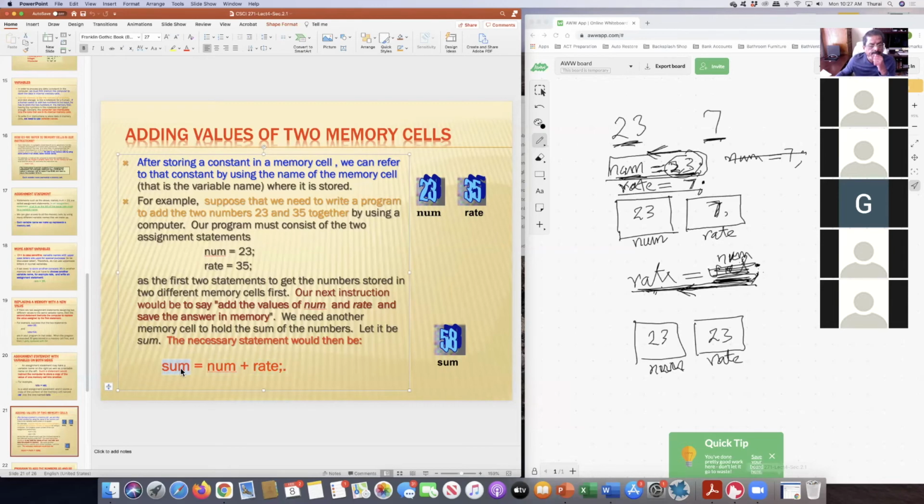That's how it goes. So now we have written a program that will add two numbers and it'll have the answer in the variable sum. What is remaining is to get the value of sum displayed on the screen, right? If you do that, then we'll have our program ready.